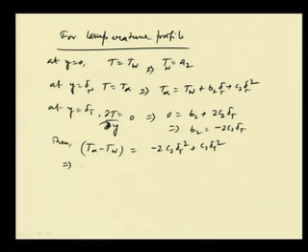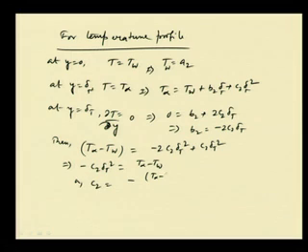This implies that minus C 2 delta t square is equal to T infinity minus T w, or C 2 is equal to minus of T infinity minus T w by delta t square.